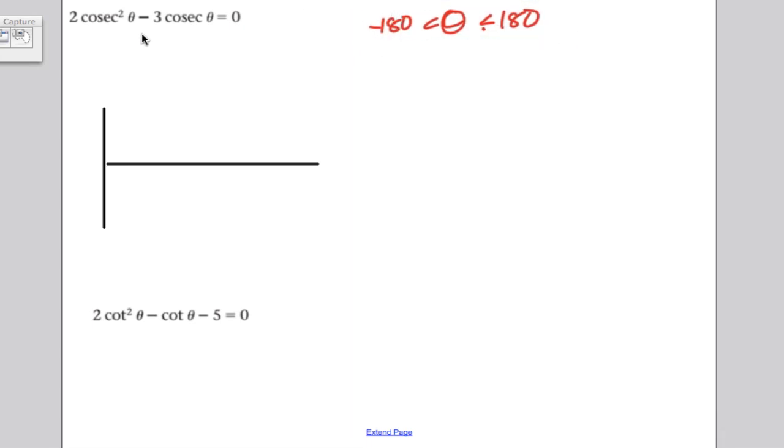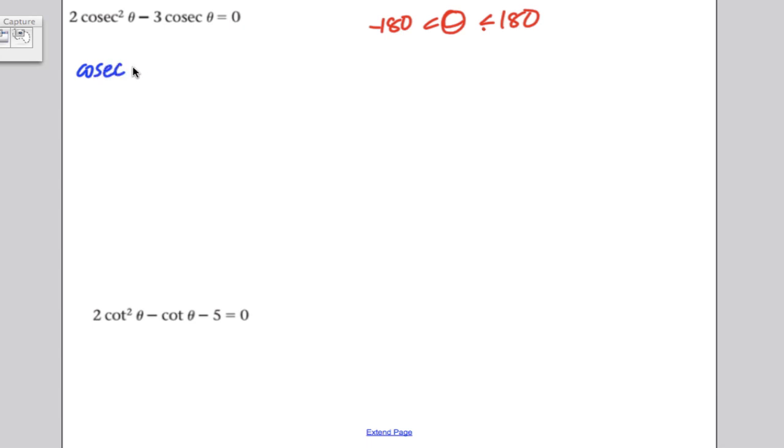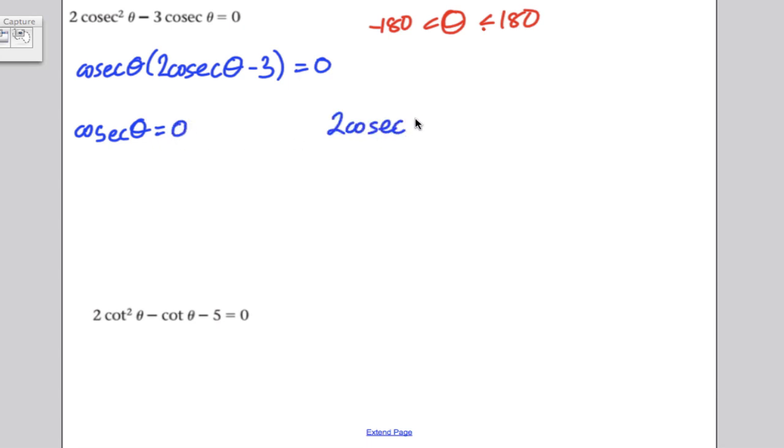The first thing I'd do was something like this. I'm going to just delete this over here. I'd factorize out cosec theta. So I'd factorize out a cosec theta, and I'd have 2 cosec theta minus 3 is 0. So on the one hand we have the solution cosec theta equals 0, and on the other we have the solution 2 cosec theta minus 3 is 0.